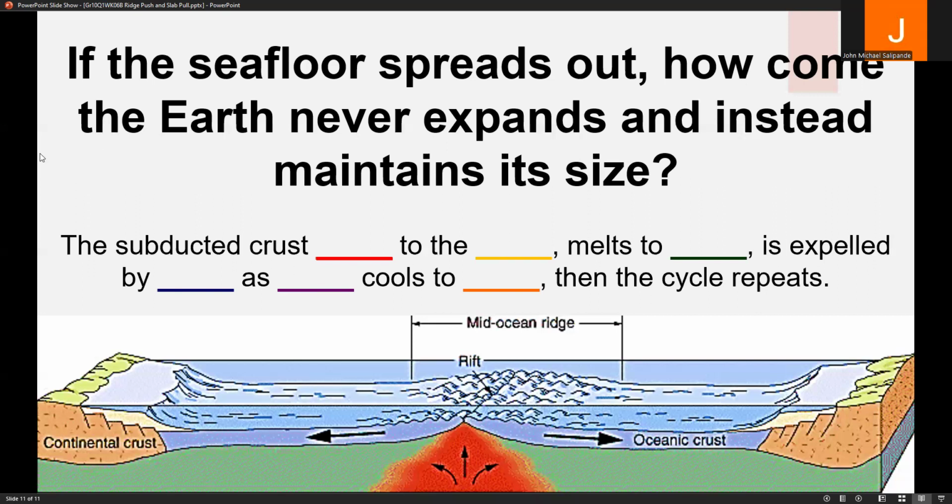Let's complete the sentence below with the 6 blanks. The subducted crust, blank to the blank, melts to blank, is expelled by blank. As blank cools to blank, then the cycle repeats. So the subducted crust will sink to the mantle. And because there are convection currents in the mantle, making it hot, the subducted crust will melt to magma.